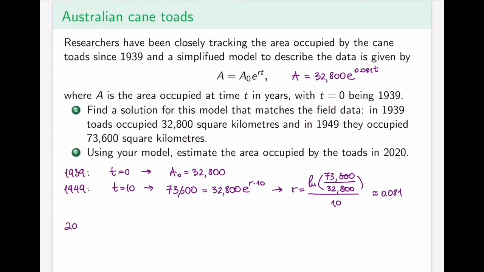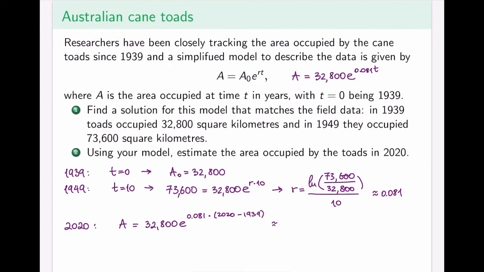So what happens in 2020 is the total amount is going to be 32,800 e to the power 0.081 times t, where t equals 0 corresponds to 1939. So t that corresponds to 2020 will be 2020 minus 1939.